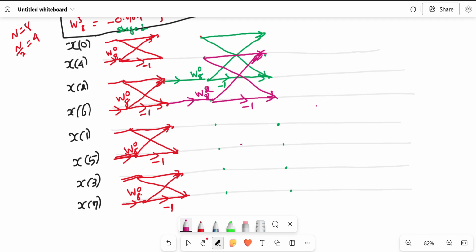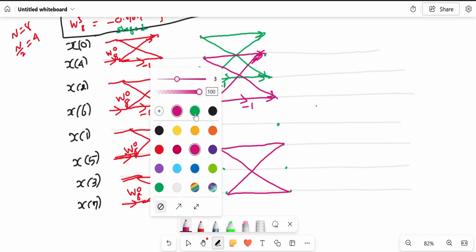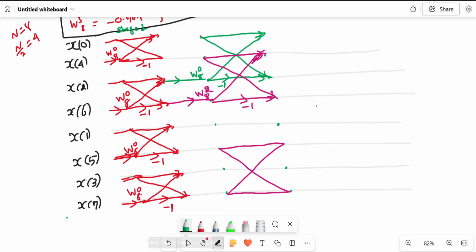Same structure, you can draw the second butterfly. This is the second butterfly.